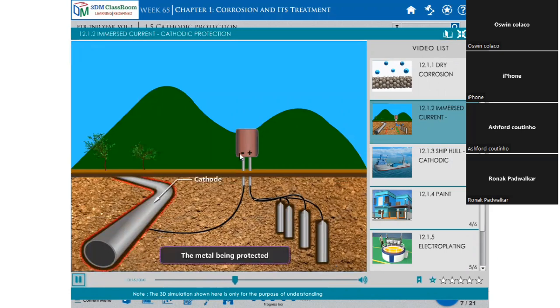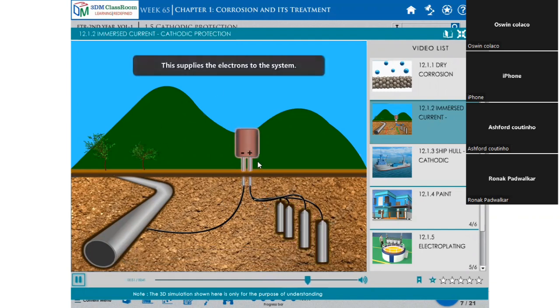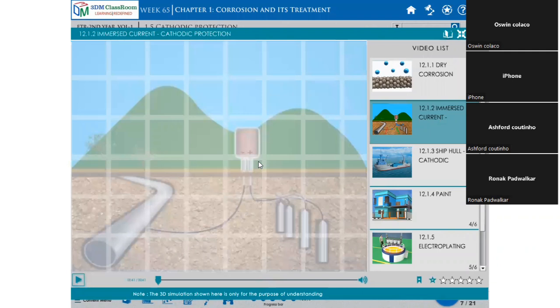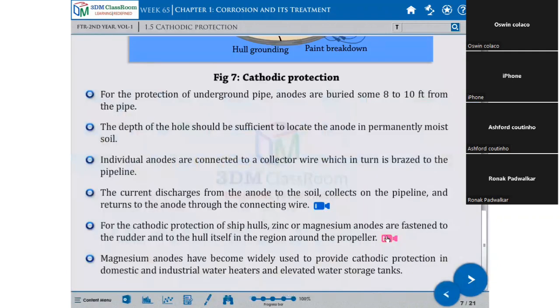So this is positive and this is negative. This is the cathode, this is the anode. Immersed current anodes do not corrode. This is a DC power supply. There's another video.